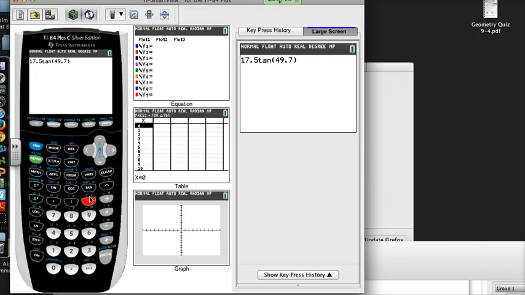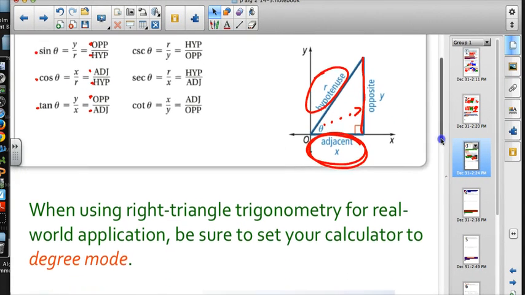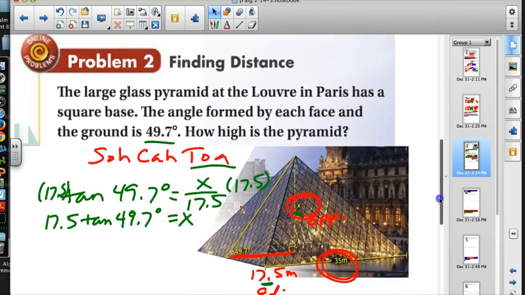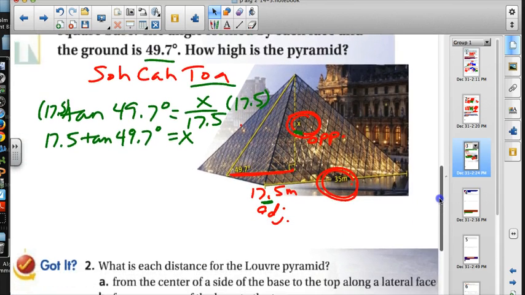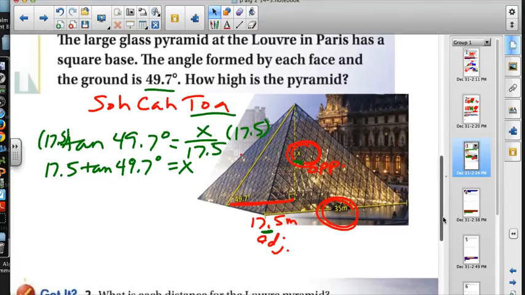So 17.5 tangent of 49.7 degrees, and we will go to tenths, so 20.6. So we have found the height of the Louvre to be approximately 20.6 meters.